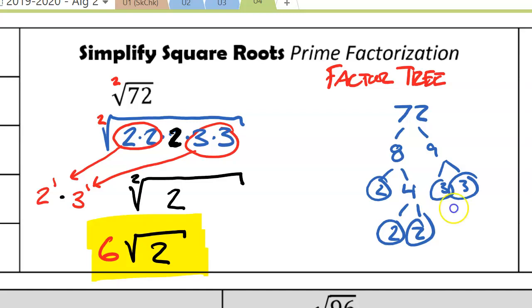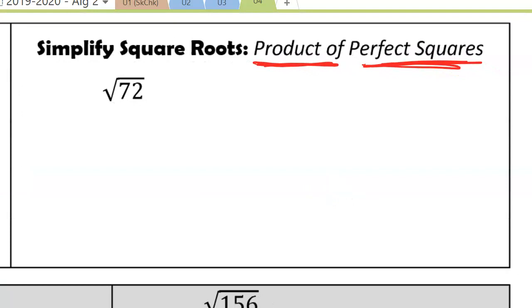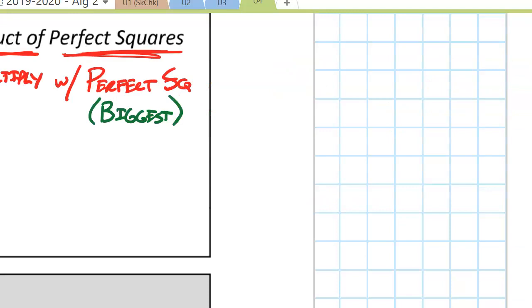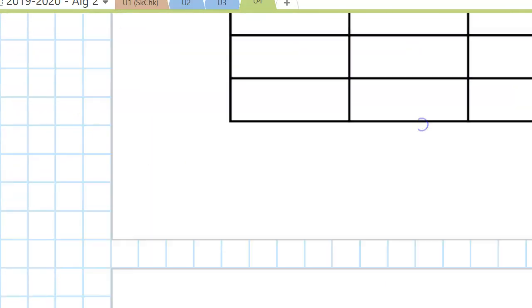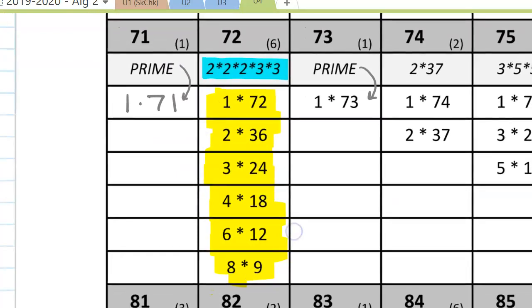Now, a more direct method is using a product of perfect squares idea, meaning that we are looking for numbers that multiply with a perfect square, the biggest perfect square possible. So, let's go back over to our prime factorization, our pairs of values. Here is 72.